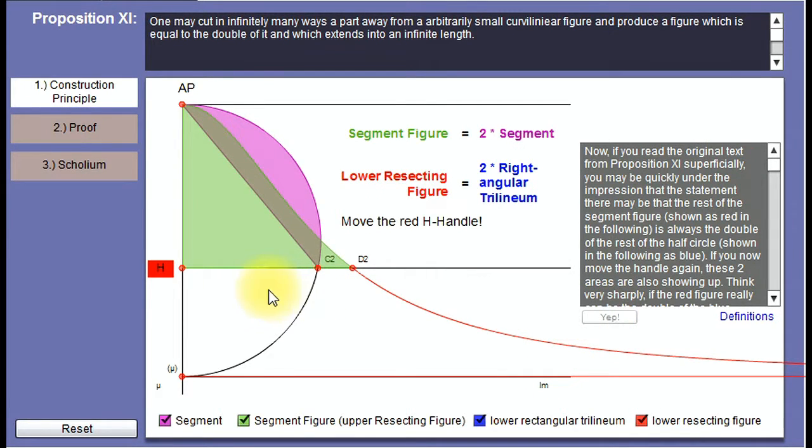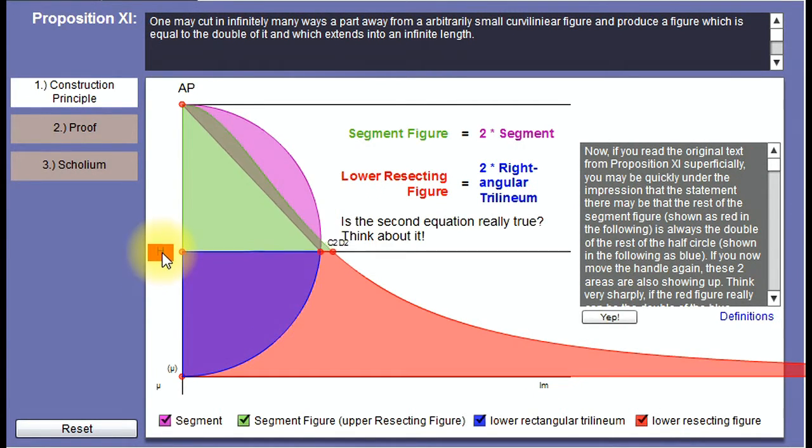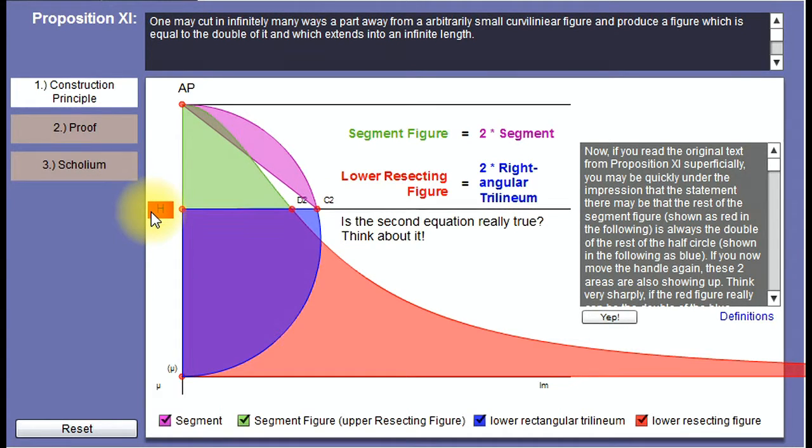In the next step, Leibniz put out some wording in which he said that you could cut away an area very much like the blue part of the semicircular curve and produce a figure which is double the size of this cutaway area.